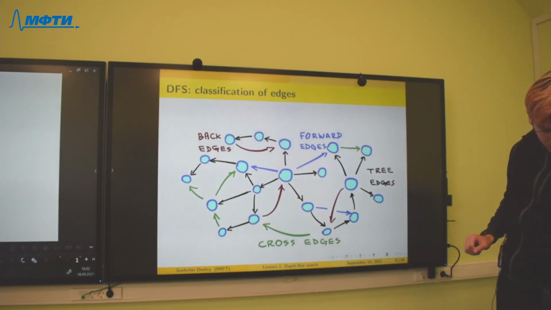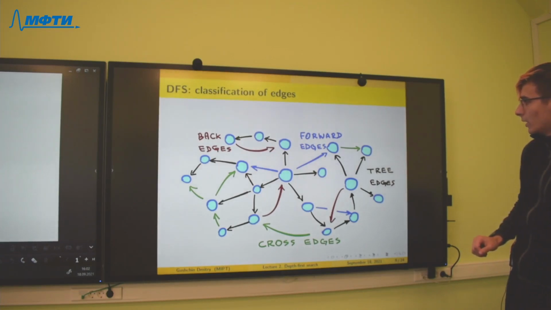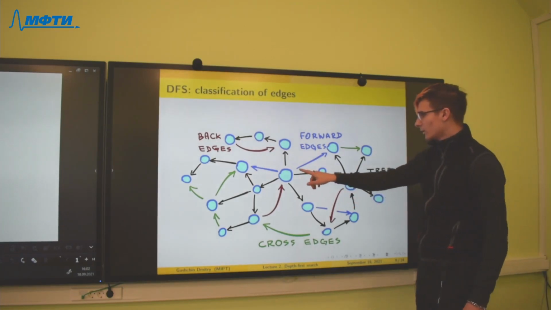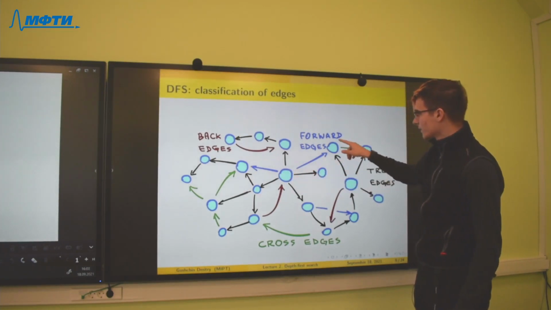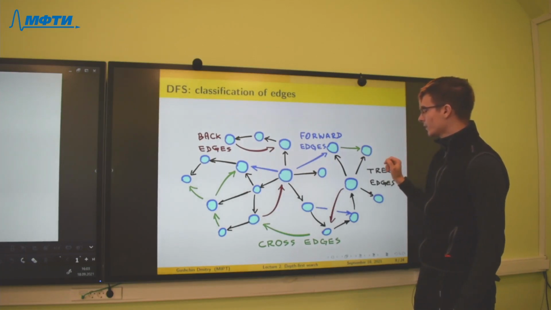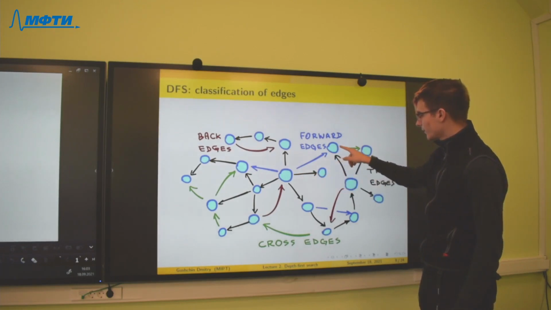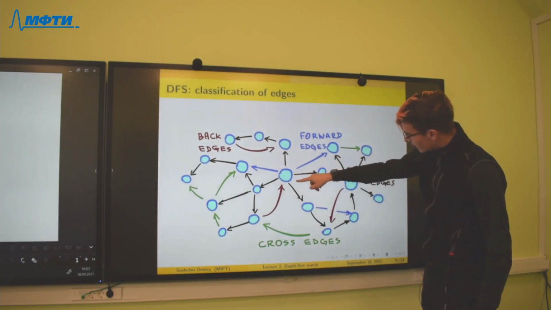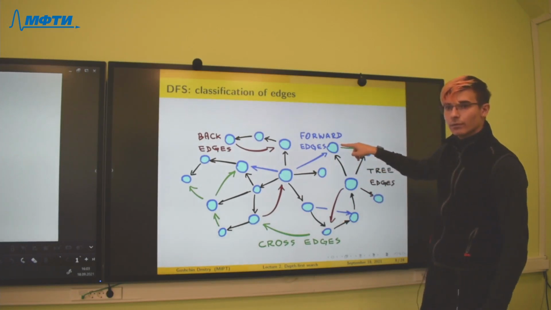So about forward edges: we say that an edge that starts in vertex U and ends in vertex V is a forward edge if U is an ancestor of vertex V. As we see in the tree, U has a path to the vertex V. Okay. Yep.